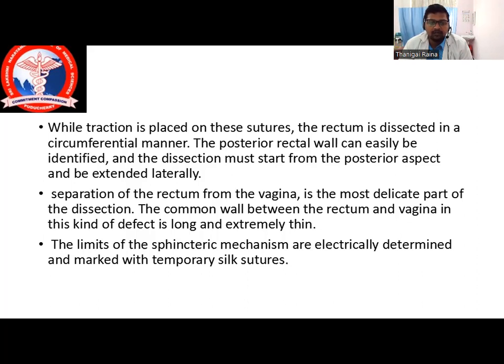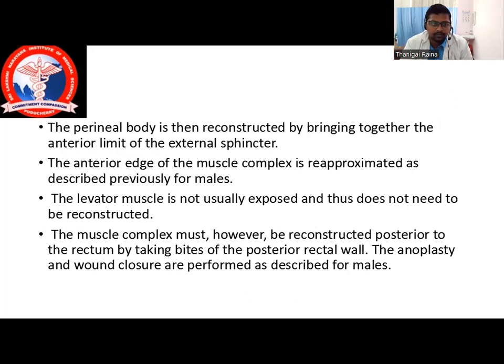The limits of the sphincteric mechanism are electrically determined and marked with temporary silk sutures. The perineal body is then reconstructed by bringing together the anterior limit of the external sphincter. The anterior edge of the muscle complex is reapproximated as described previously.